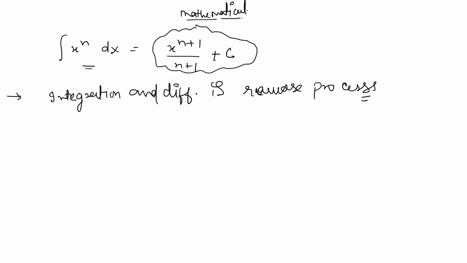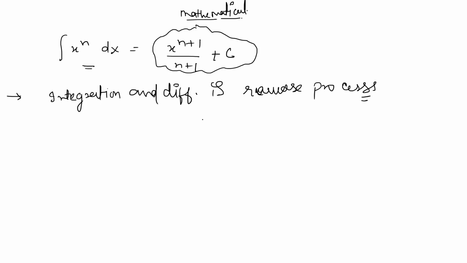The function which I'm integrating is also the output of an integral, and when we differentiate the same function we will get it back. So on both sides, integration and differentiation follow a reversibility process. That's a simple discussion. I think you are able to understand what I want to say.